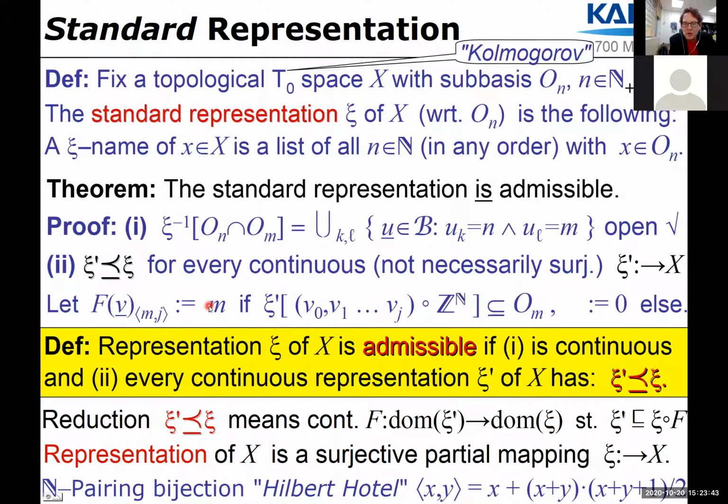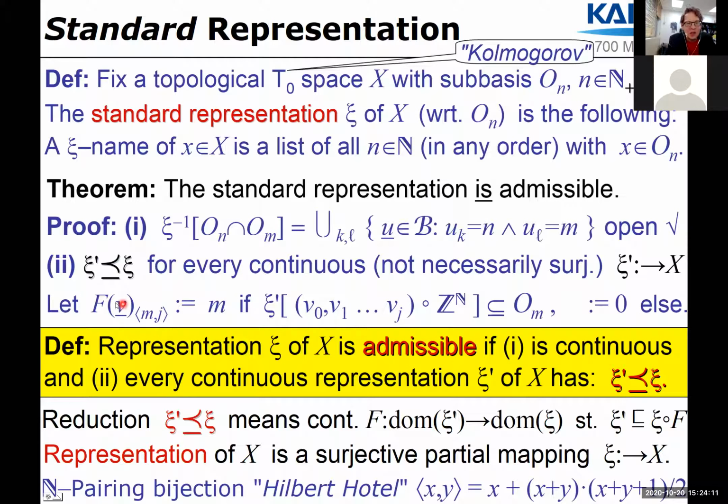And now we need to verify that this reduction is continuous and actually a reduction satisfying this property. So why is it continuous? To see that, let us see what happens if we modify the argument v, the infinite integer sequence v, beyond the jth element of that sequence.